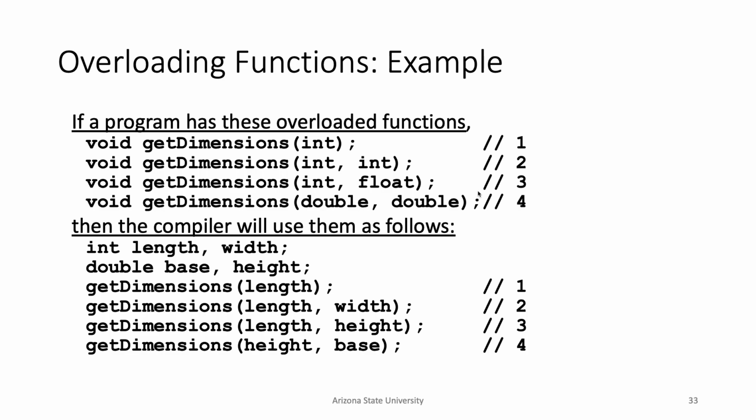Because if you have what is called an ambiguous call, the compiler may want to call this function or this one, but it can't decide which one you actually meant to call. If you have completely different types here, then you're guaranteed to not have any problems.